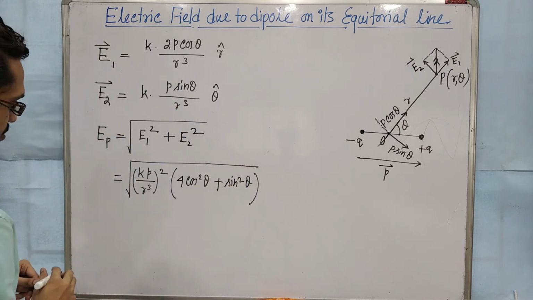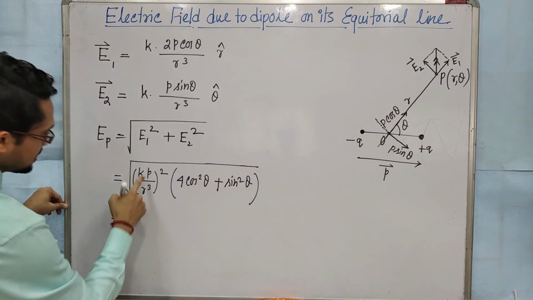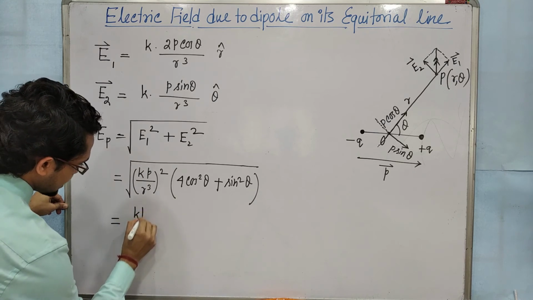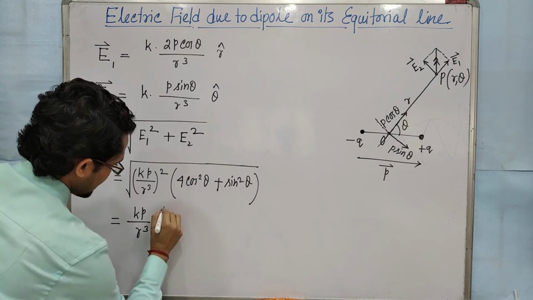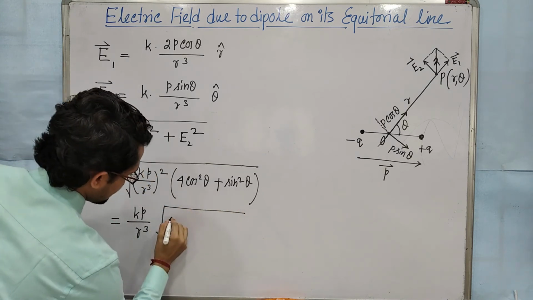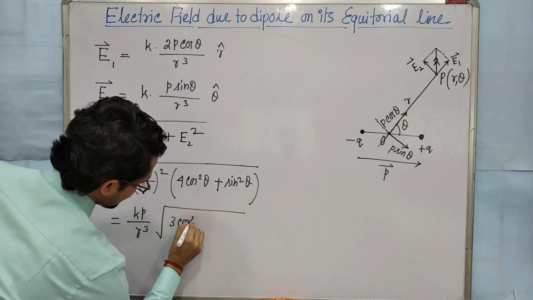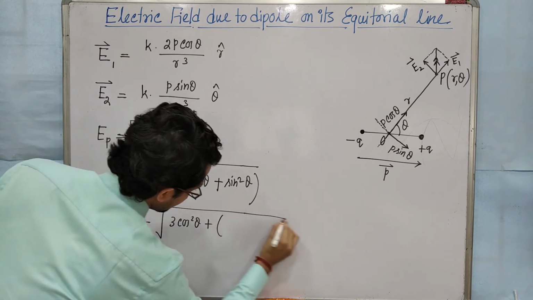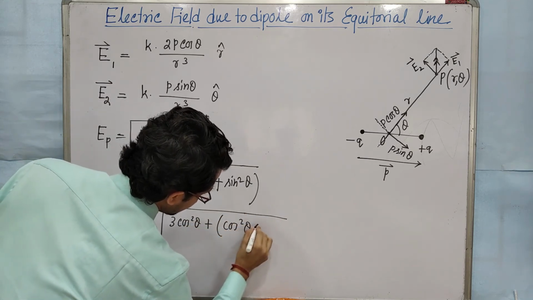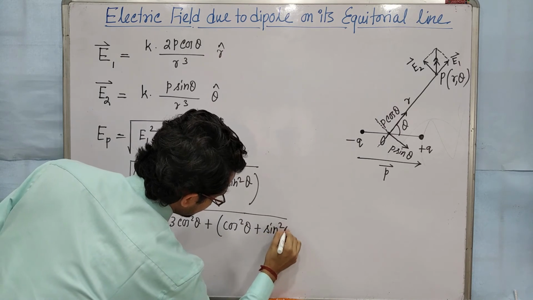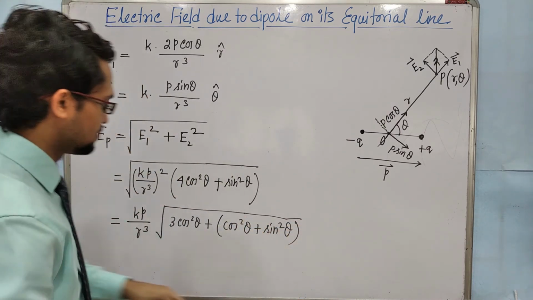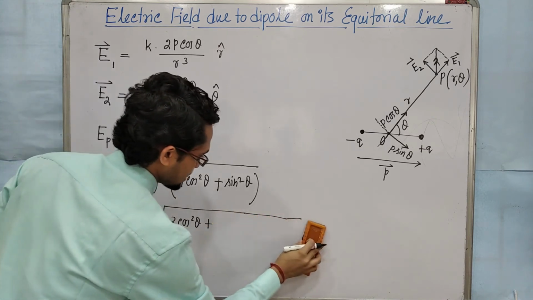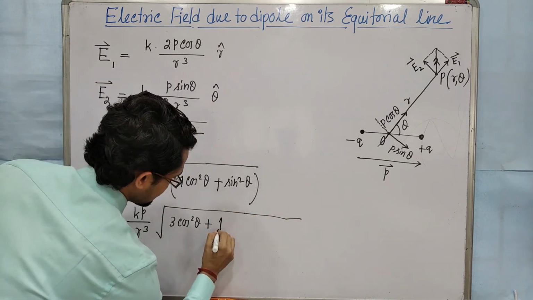Now take Kp by R cube outside, root over, and break it like this: 3 cos square theta plus cos square theta plus sin square theta. Cos square theta plus sin square theta is 1.